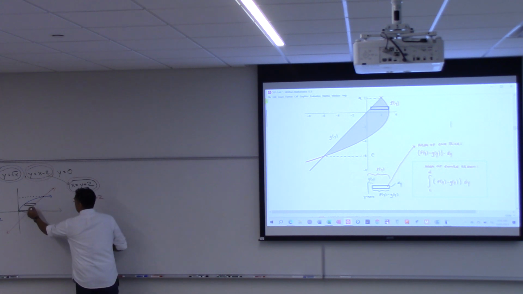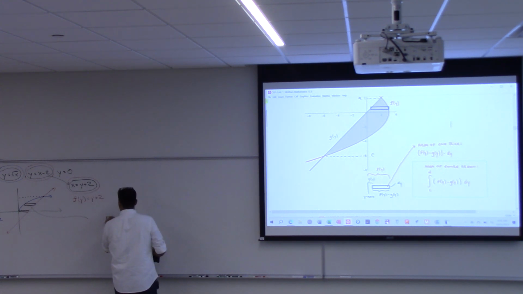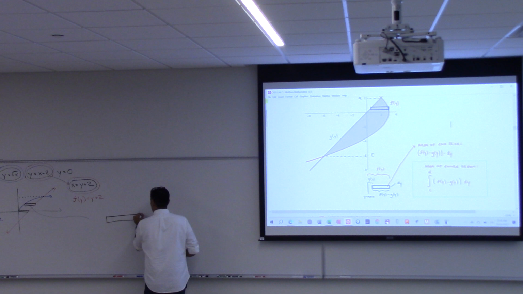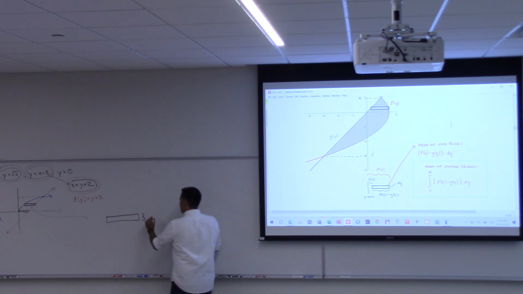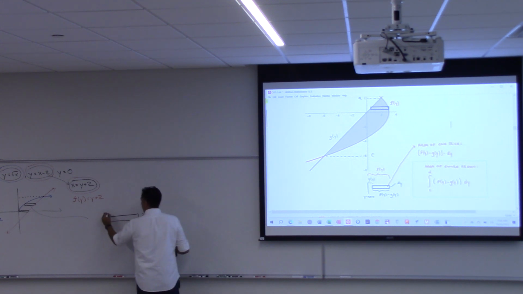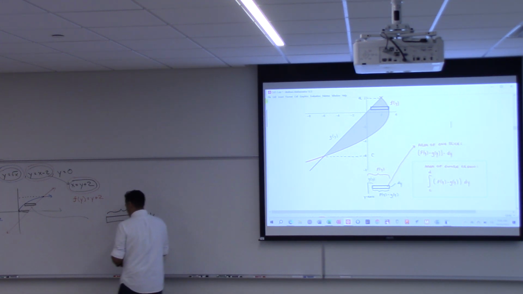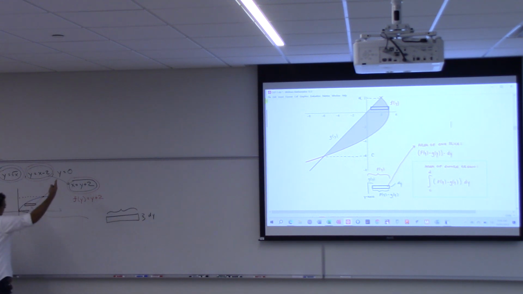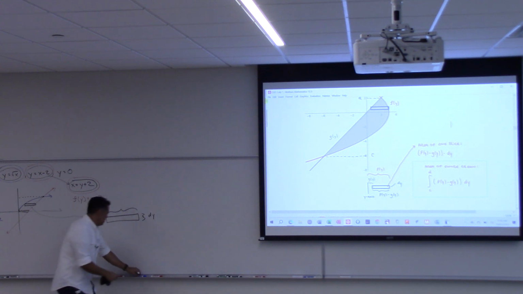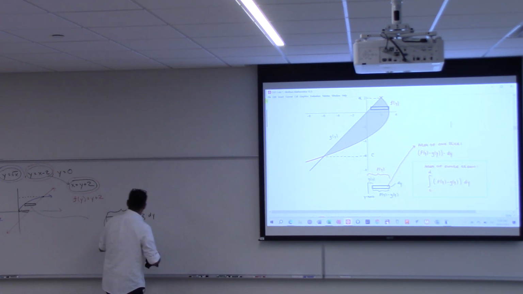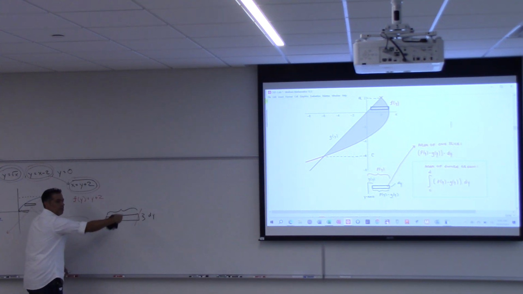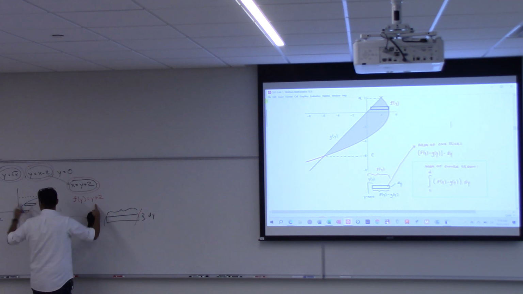Let's take a look at this rectangle. Okay, how tall is it? dy. That's the easy part. Now, how wide is it? It's the right side of the rectangle, which I didn't put here. The left side's the blue, the right side's the red, right? Like that. So you're going to take the one on the right, which is the red one, f, and you're going to subtract from it g.